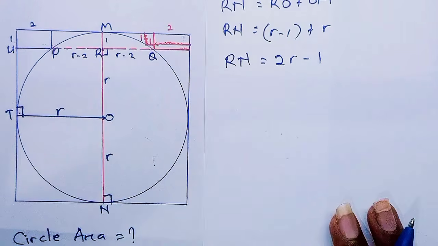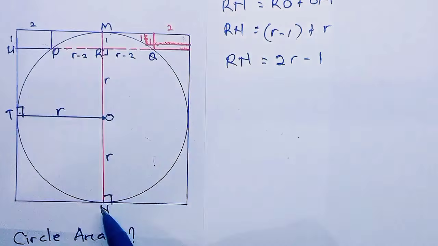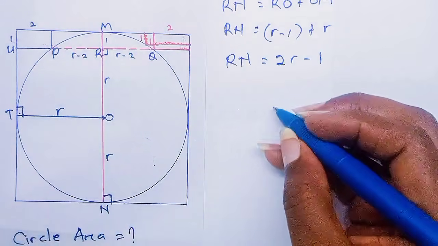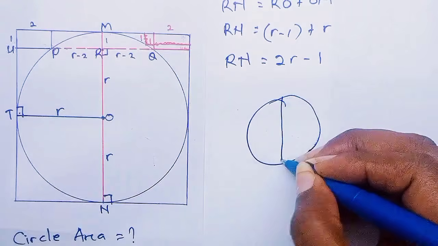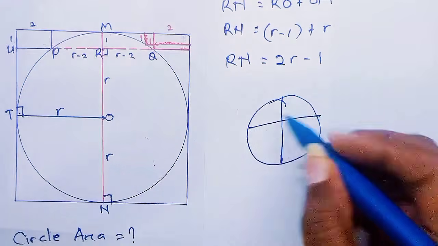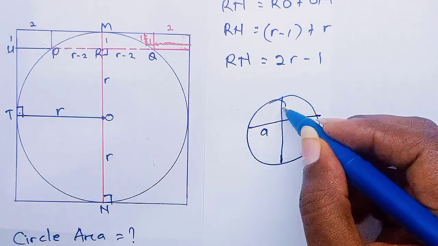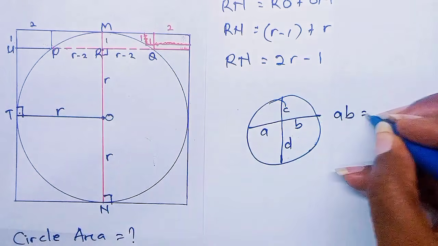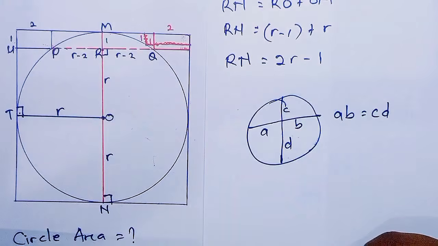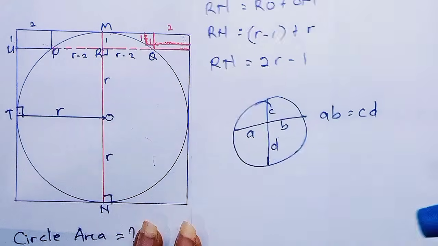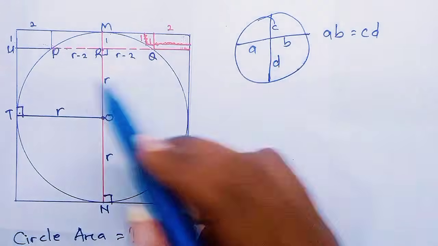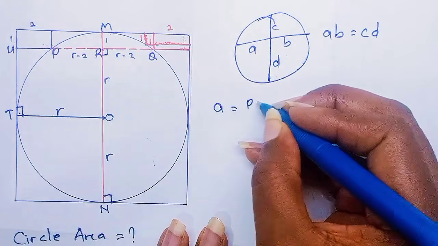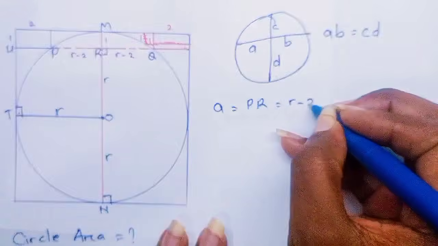Now, looking at line MN and the chord PQ, we know from the intersecting chords theorem, if you have this, and this is A, this is B, this is C, this is D, then AB is equal to CD. So in our diagram, our A is PR, which is R minus 2.